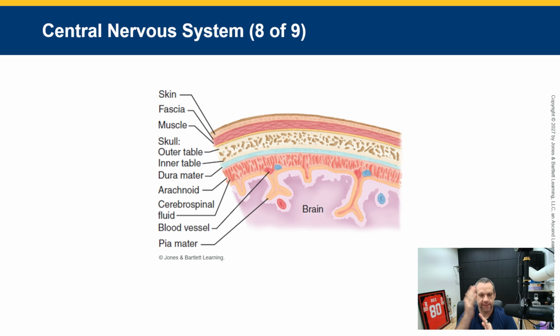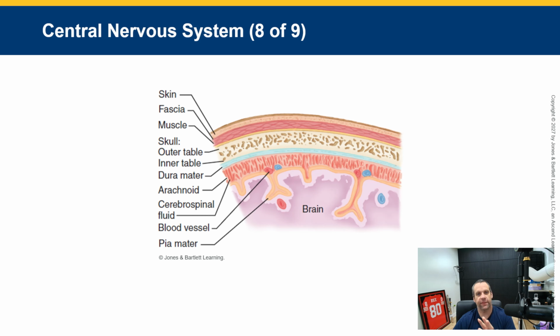So if we look at the cross section of the skull, from the outside towards the brain, we pass through the skin, the fascia, the muscles, and the skull before we reach the actual meninges. So the dura, again, from this image, is immediately inside the skull. Beneath it, you have the arachnoid layer, then the fluid-filled subarachnoid space, and then the pia resting against the brain tissue.